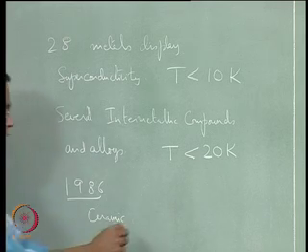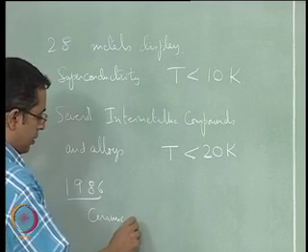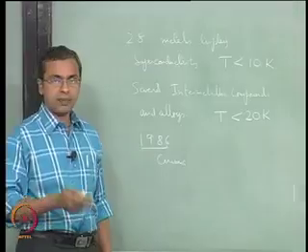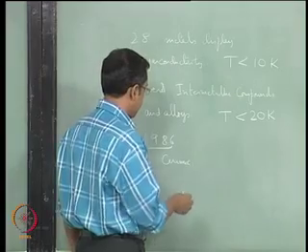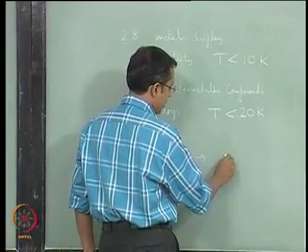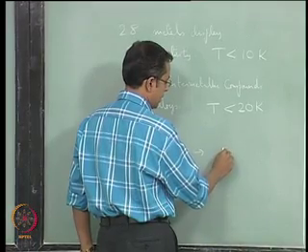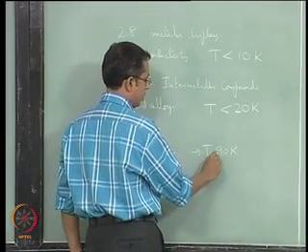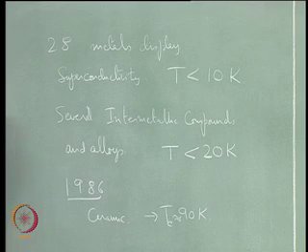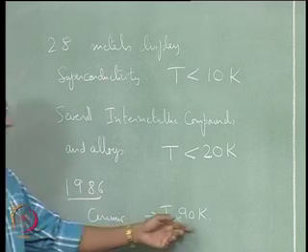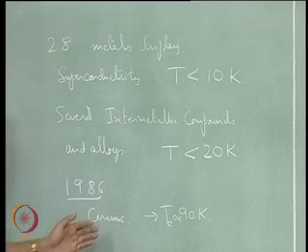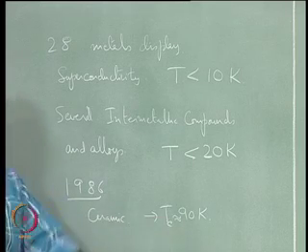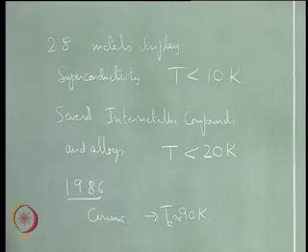Okay, and in fact ceramic type of materials were discovered, lanthanum barium copper oxide, yttrium barium copper oxide and so on, which basically had of the order of say 90 Kelvin as the temperature T sub C. So this is the kind of temperature you can start seeing, and these are materials which can then be cooled to these temperatures using say liquid nitrogen, which is much easier to handle.